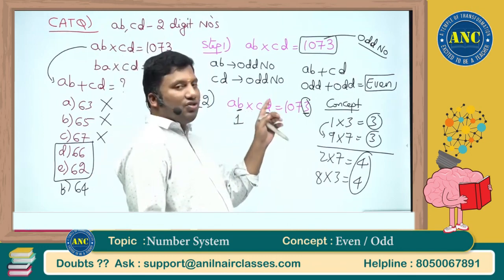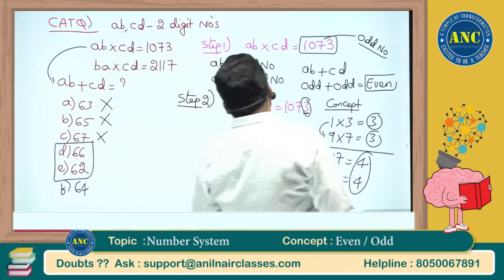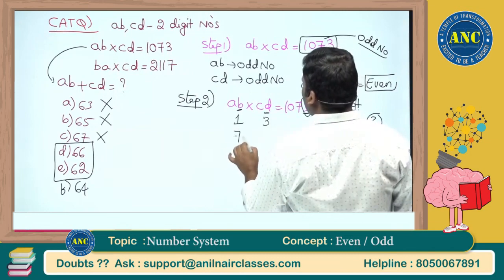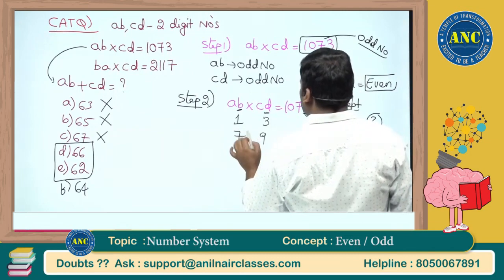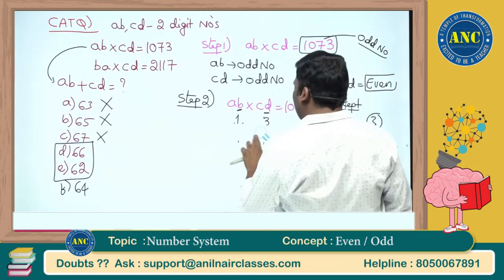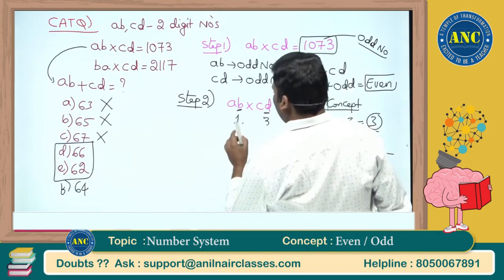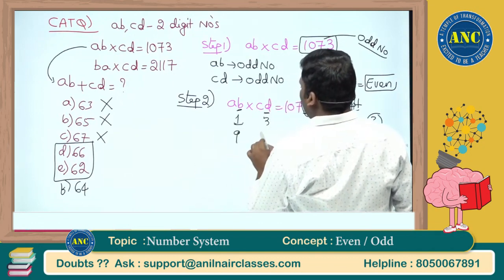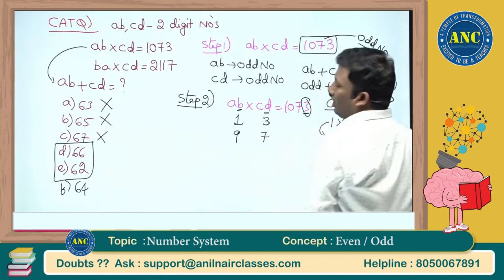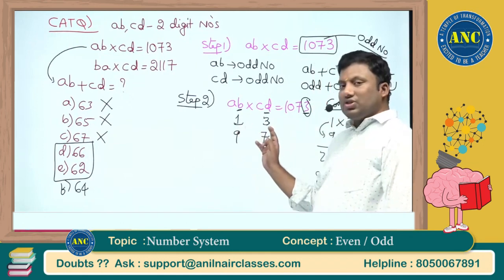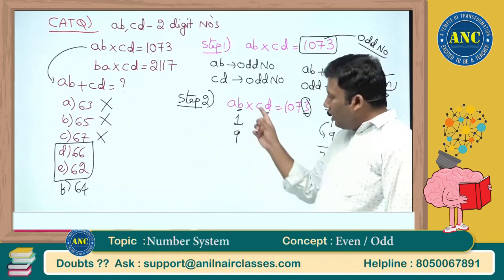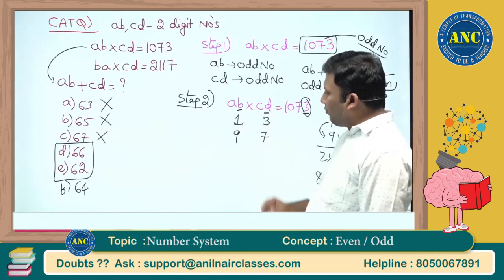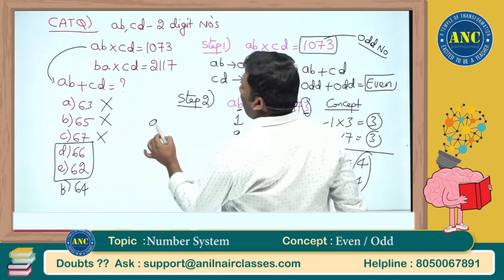1 threes are 3. What is the next combination? 9 sevens are 63. We will write it because you will understand it very well. 9 sevens are 63. 1 threes are 3. What is the question we require?